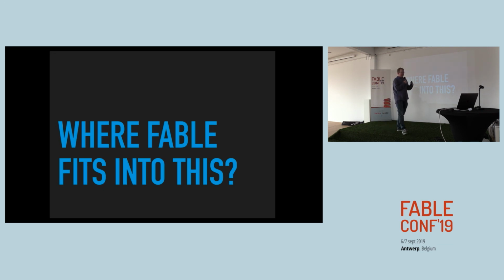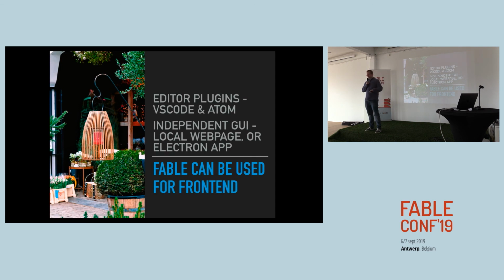So I haven't created this tool, but my idea was, okay, I will show you how Fable can fit into this world, and Fable can fit in multiple places into building tooling for other developers. So first of all, both Visual Studio Code and Atom are written in JavaScript.